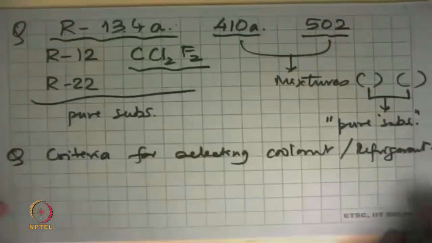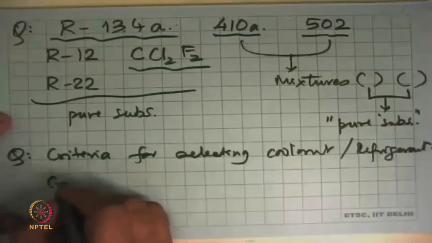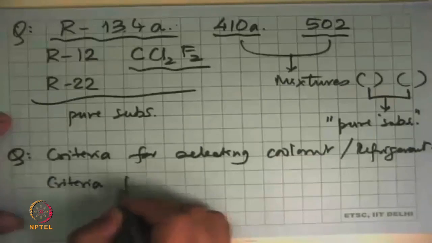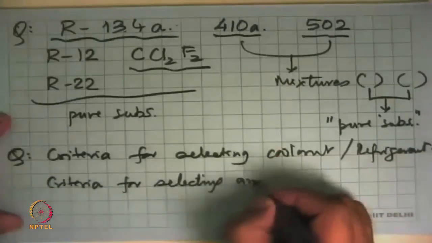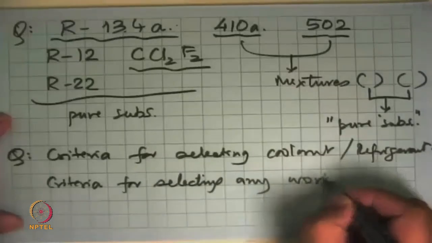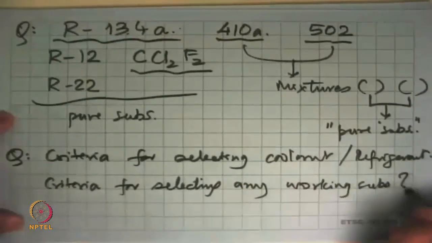Okay, I'll slightly broad-base this question. It's a very important and a fundamental question. So what is the criteria for selecting any working substance for a cycle or a system or a process?